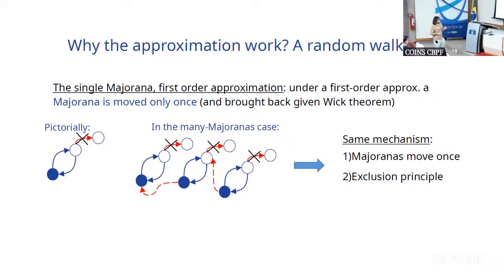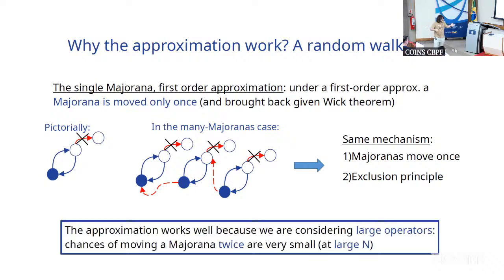Why is this approximation so good? The reason is, once again, given by the fact that the relevant operators in the battery Hamiltonian have a number of Majoranas that scales with n. So the approximation works well exactly because we are considering large operators.